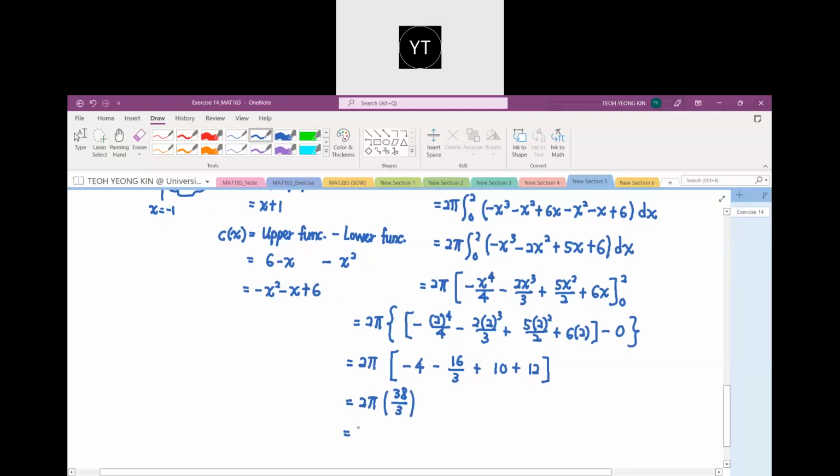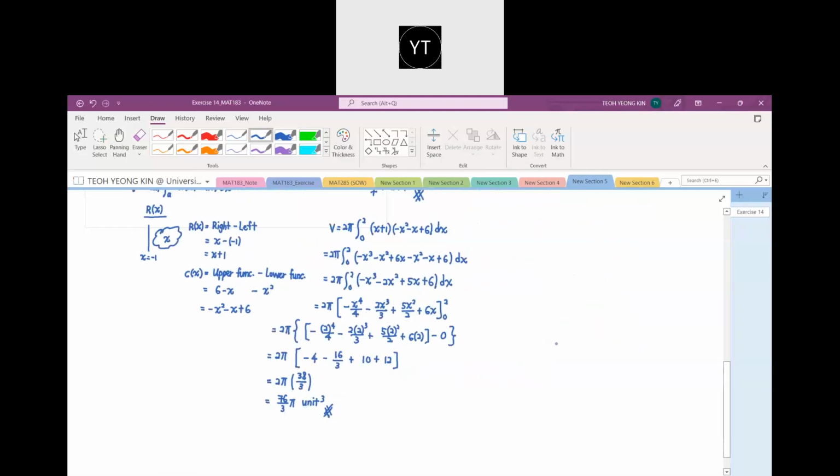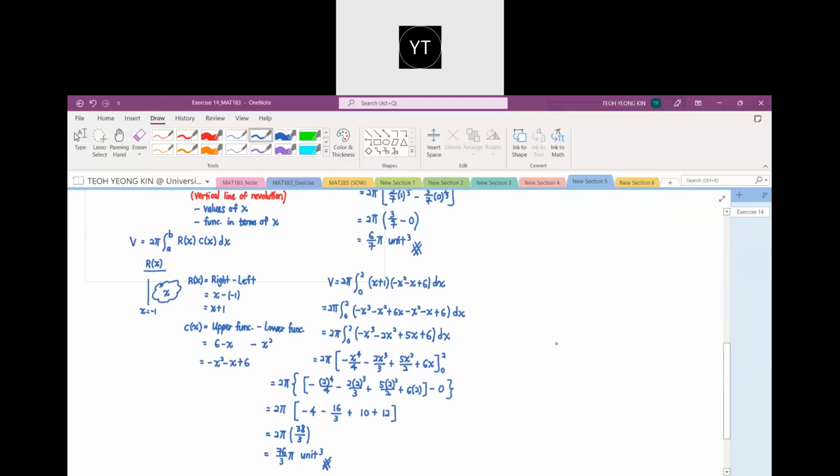Finally, times 2, so I get 76 over 3 pi unit cube. So this is the answer for exercise 14, question number 2. So again, I try to check the answer: 38 over 3 times 2.